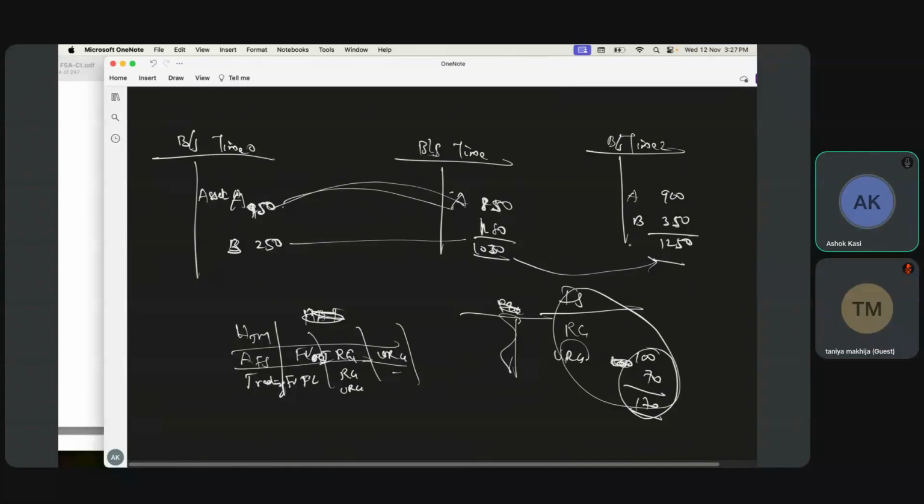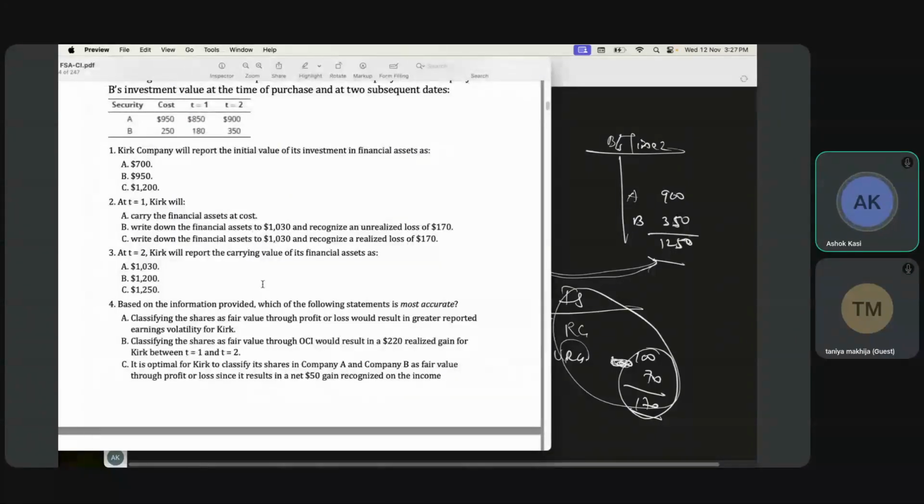So what is the difference? But they said realized, no? So there is no point of checking also. The 220 is all unrealized only. So this will not come, okay?